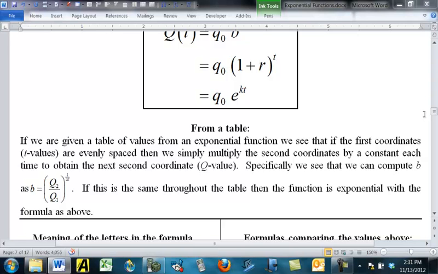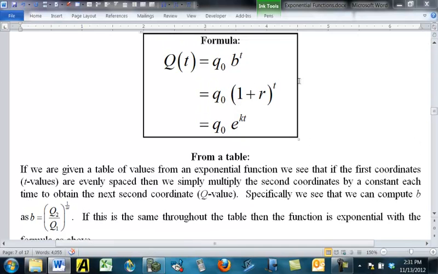Specifically, if you're going up by 1 each time on t or x, then the y or q is going to be multiplied by the base each time, and we can compute this base from a table as b equals q2 over q1 to the 1 over delta t power. Or if you use the more generic letters, base equals y2 divided by y1 to the 1 over delta x power. If that's the same throughout the table, then it's exponential, and we've got our b, and we just have to plug in a value for t and q here to solve for our q sub 0.